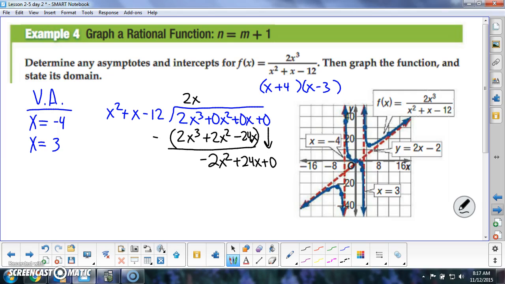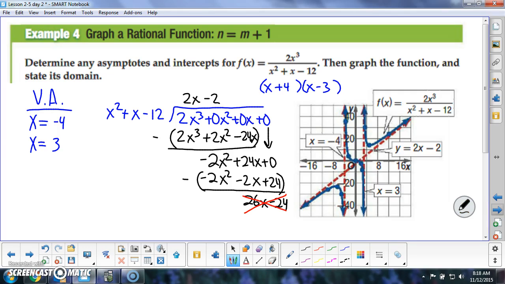Do this one more time, and we'll have a -2 right here, and that should give us something like that. Subtract the bottom values from the top, and that becomes a 26x minus 24. Now, what's left over here at the bottom is the remainder. We don't care about that for the oblique asymptote.